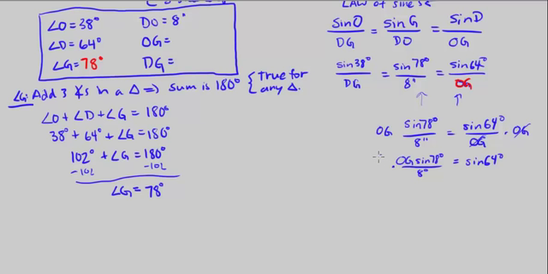So we're going to multiply by 8, so these cancel out, and divide by sine of 78, so these cancel out. Okay, this is not degrees, that's inches. So if we do it on the left, we do it on the right. Okay, these cancel out, these cancel out. We get OG is equal to sine of 64 times 8 inches divided by sine 78 degrees.